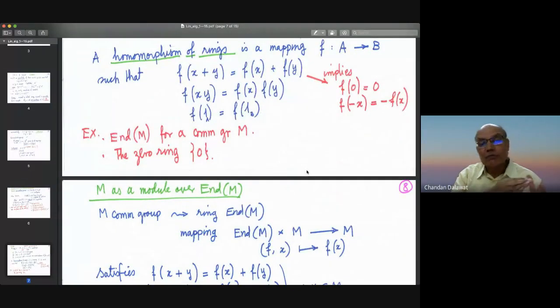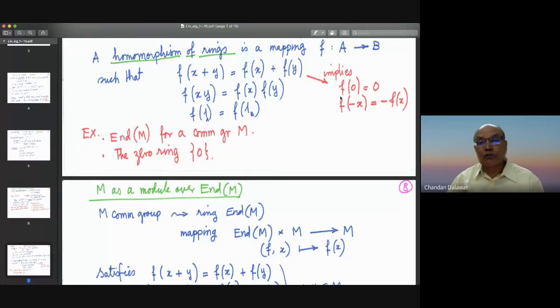Now, when you have two rings, A and B, a mapping from A to B is called a morphism or a homomorphism of rings if it takes sums to sums, products to products, and 1 to 1.